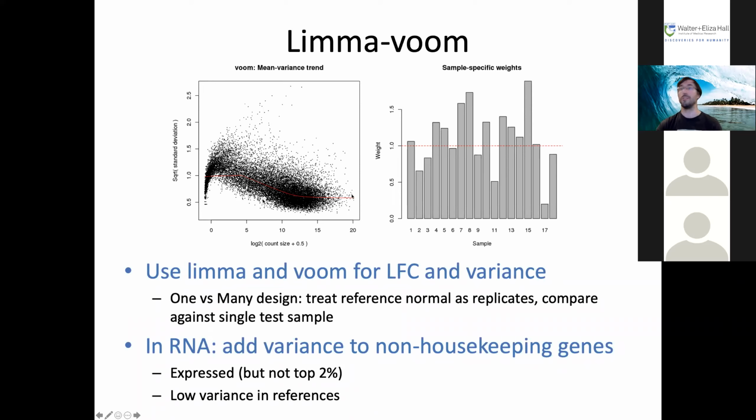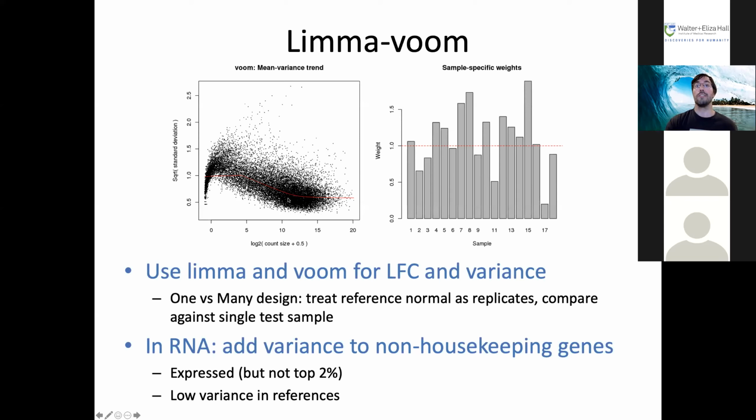It can be things like mitochondrial genes and so on that sometimes can cause a bit of trouble. So we cut out the top part to avoid that kind of outliers, and hopefully we don't lose too much power. Housekeeping genes are not only expressed, but they're also supposed to be low variance. So we're looking at genes in this area here in the lower part of this black blob.